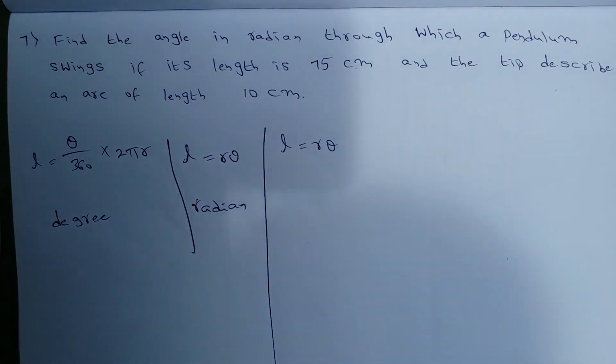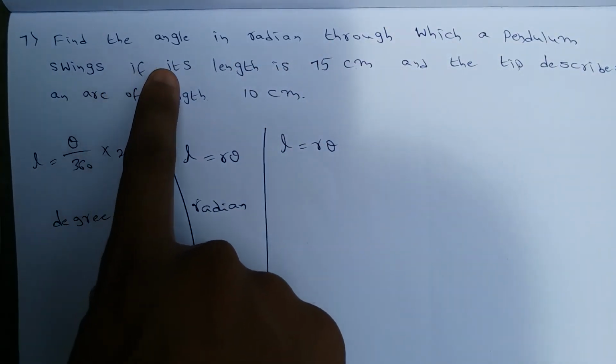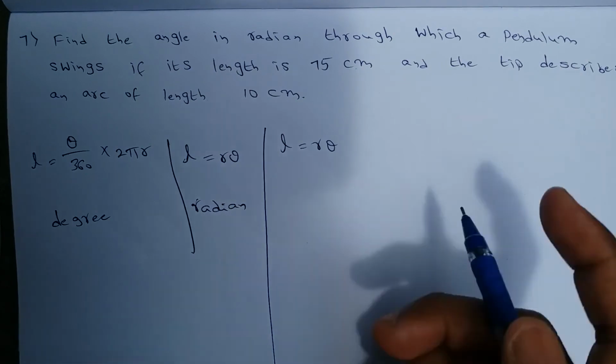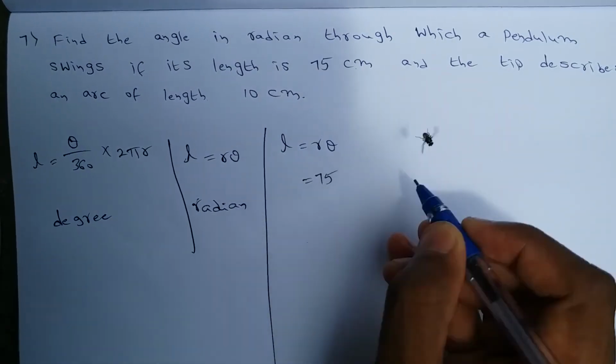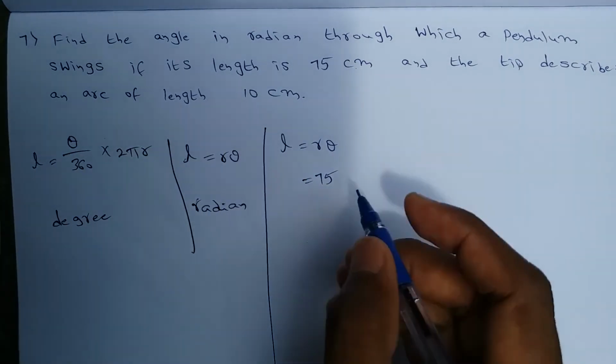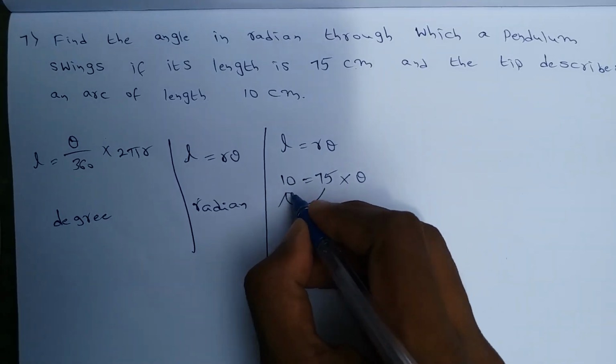Then what he gave in the question: find the angle in radians through which a pendulum swings if its length is 75. So that pendulum length becomes the radius, given as 75. And the tip describes an arc of length 10 centimeters. This length is given as 10, into theta. Now I will take 75 to the left side.